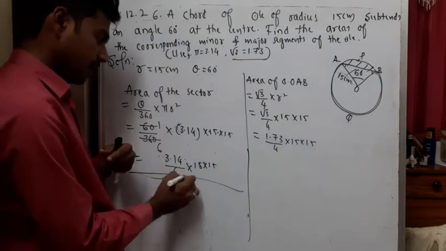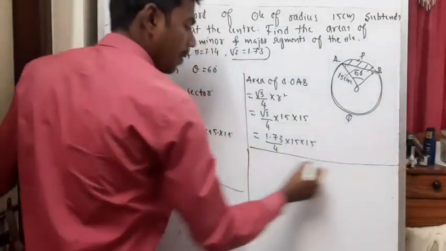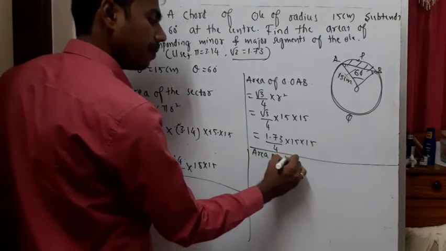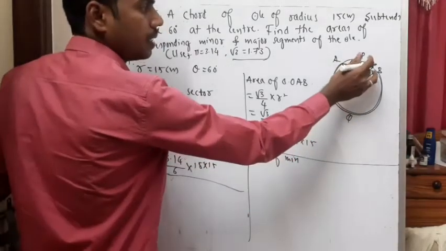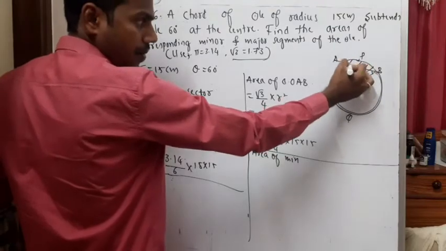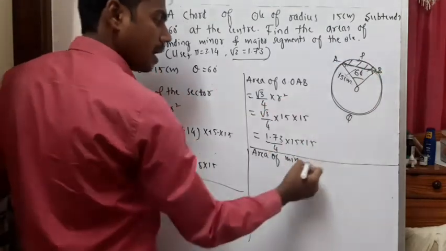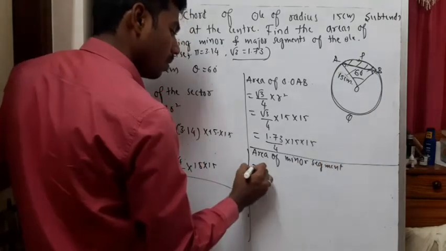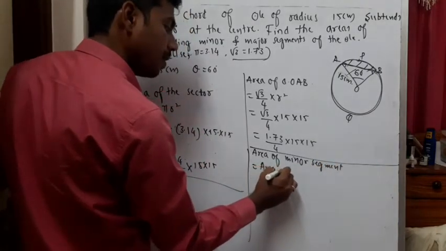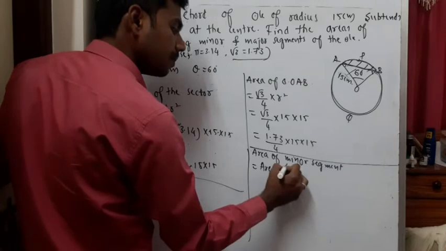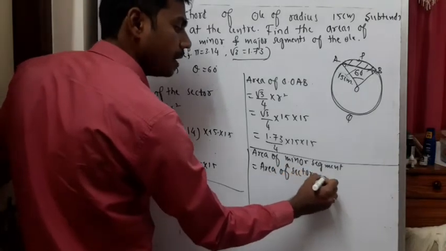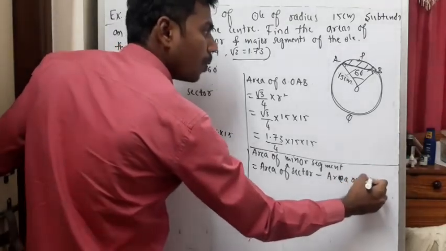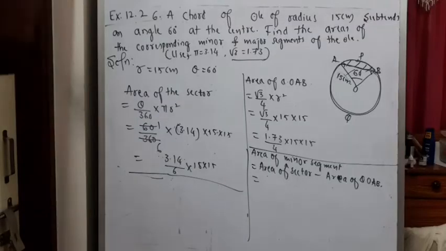Next, area of minor segment. Minor segment means this. Area of minor segment is equal to area of sector minus area of triangle AOB. So what is the area of a sector?